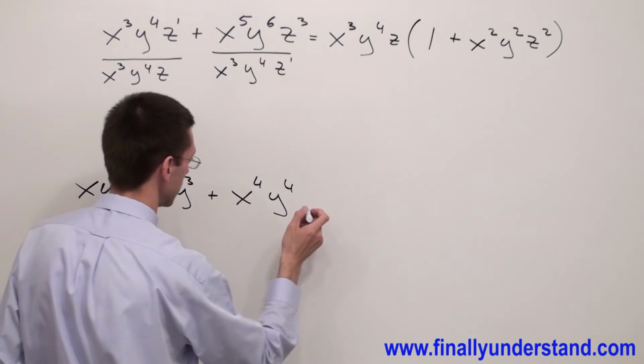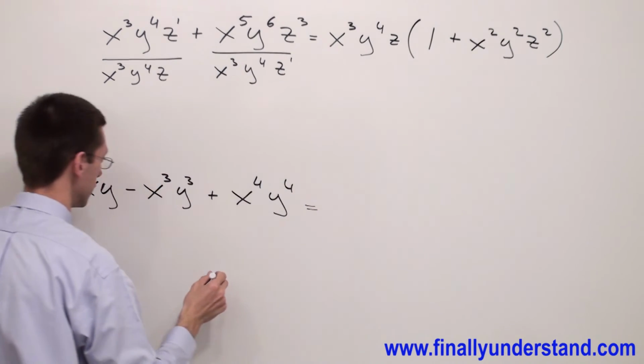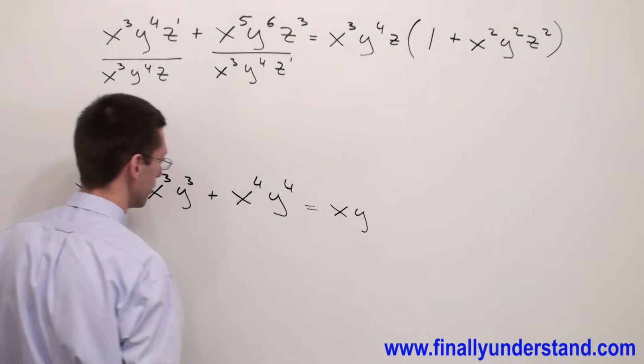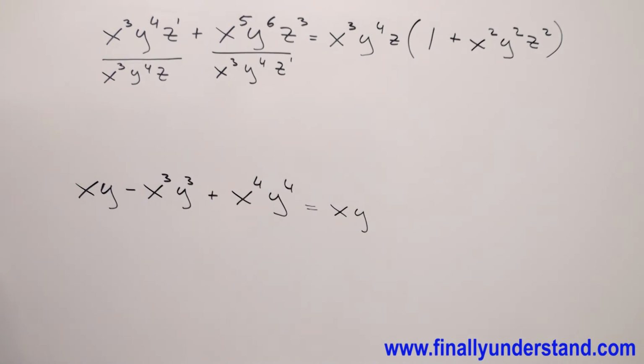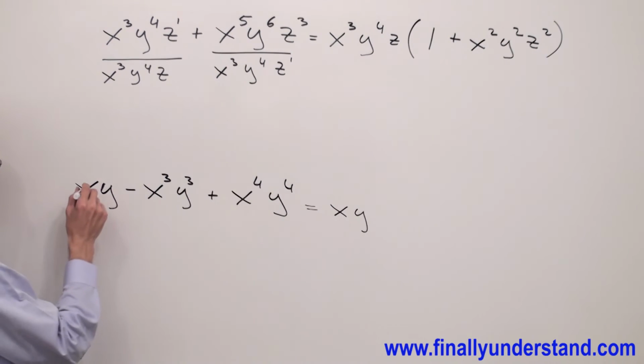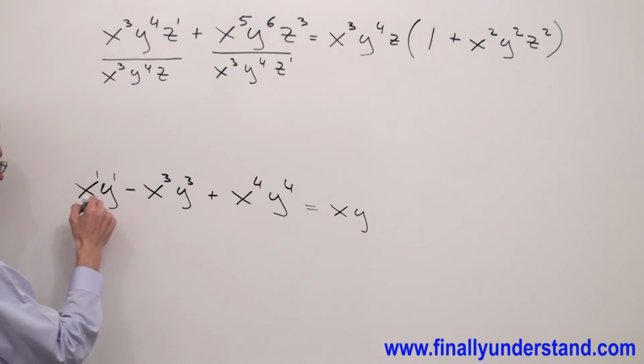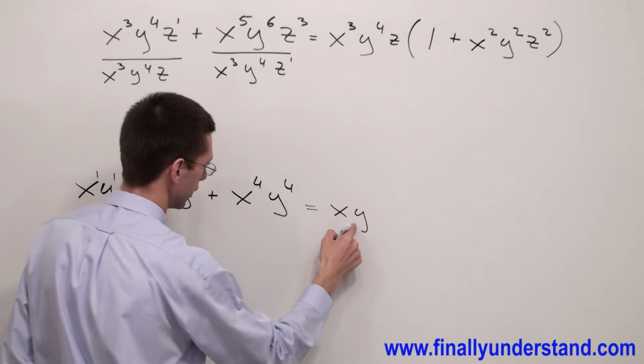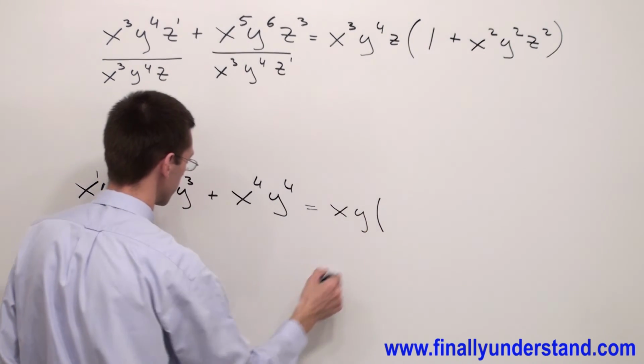So I'm going to write x, y as my common factor. Because I have to choose always the variable which is common for every single term and with the lowest exponent. I have x to the first and y to the first. They have the lowest exponents, that's why this is going to be my common factor.